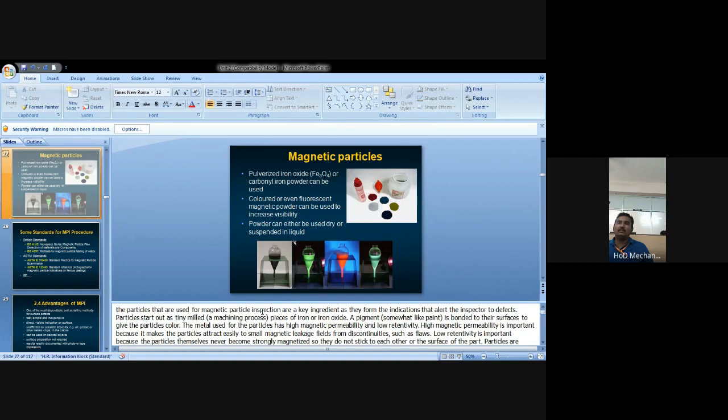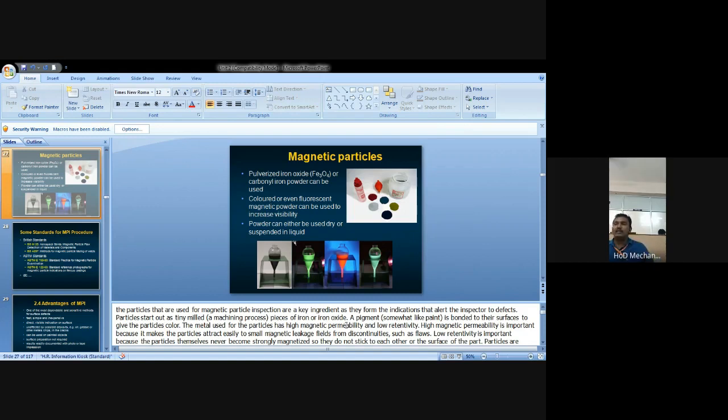The particles used for magnetic particle inspection are a key ingredient, as they form indications that alert the inspector to defects. The particle metals are chosen to have high magnetic permeability and low retentivity.